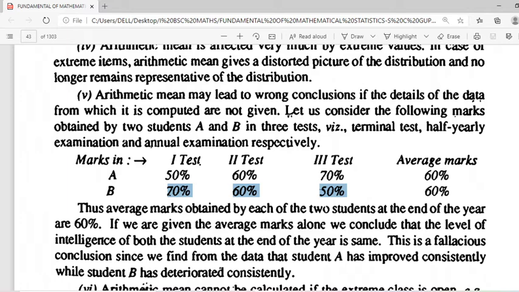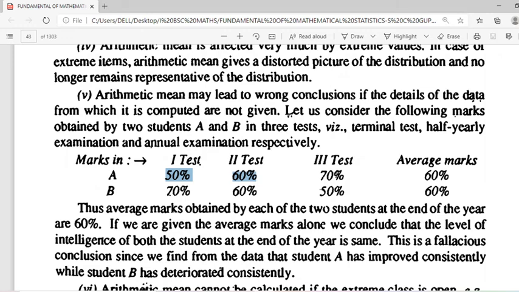I joined there based on my academic record. They looked at the academic record I had in SSLC, plus two, degree, PG, and at last they conducted an entrance test, and after that an interview. So these five steps were completed for the selection.